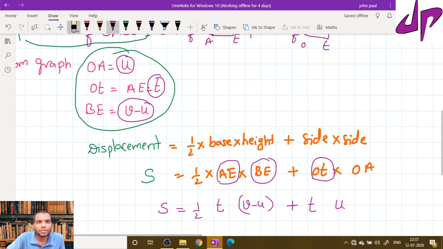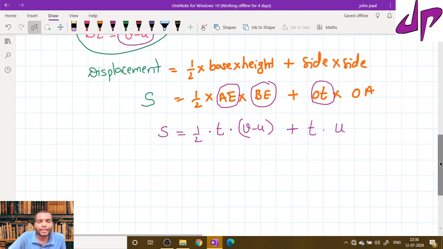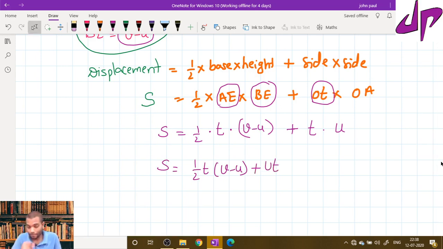It's easy to understand: half times t times (v minus u), plus u times t. So we can write that equation very clearly again. S equals half t (v minus u) plus ut. Nothing changed, I just rewrote that equation.